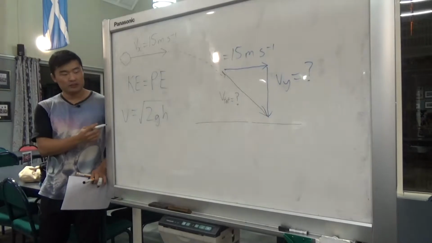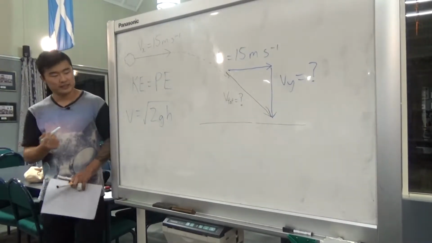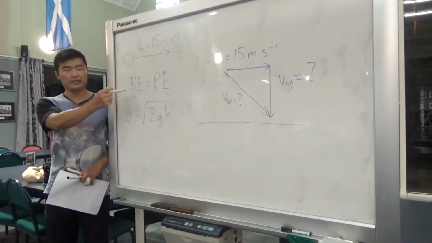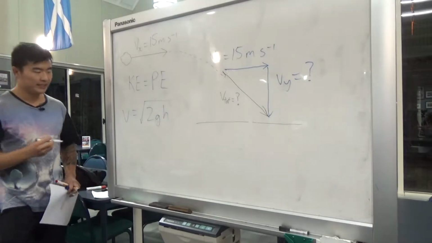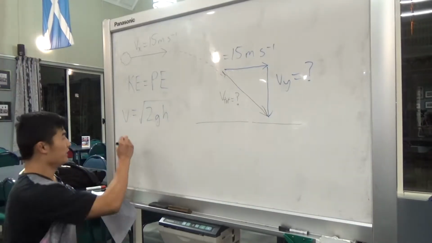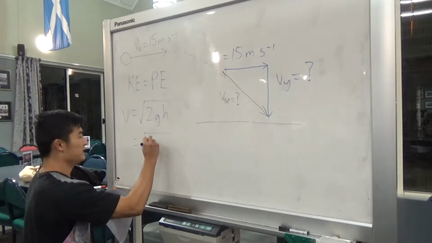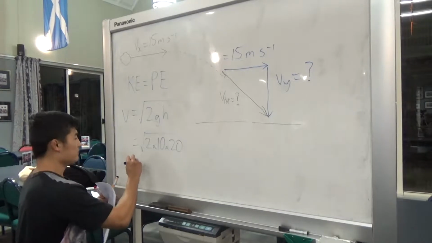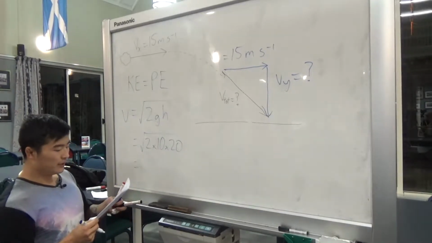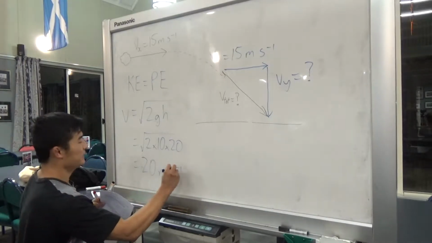Okay, so I showed this equation in our first tutorial, I think. It's just a little shortcut, it just comes from this equation here. And so the vertical velocity will be the square root of 2 times 10 times the height, which is 20. And that will give you 20 meters per second.